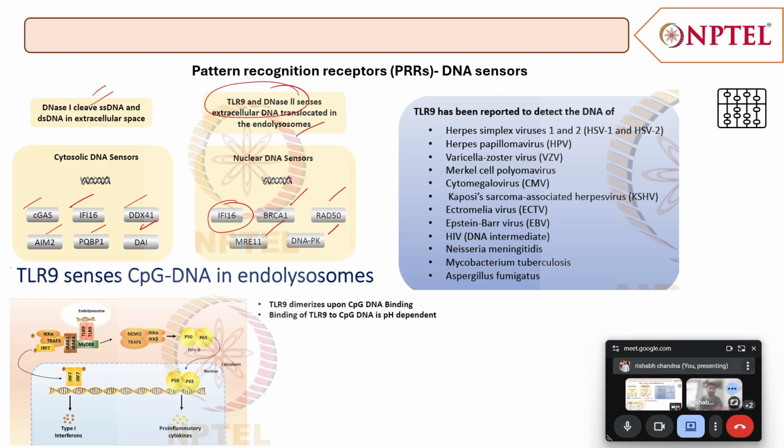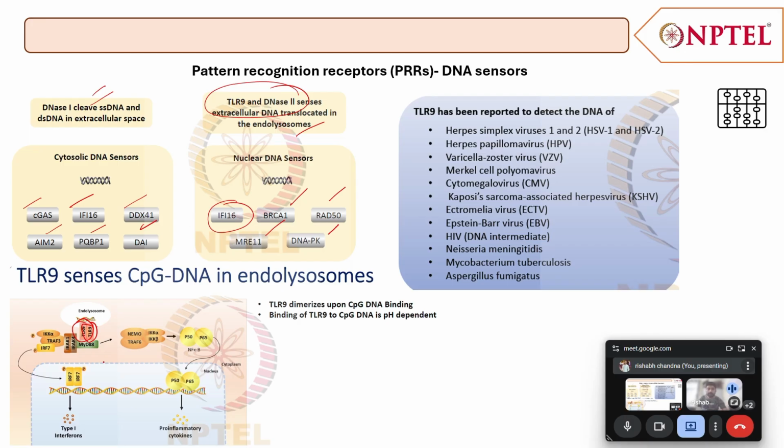Now we'll see how TLR9 recognizes CpG DNA in the endolysosomes. TLR9 is a monomer. Whenever it sees a CpG island present in the endolysosome, it dimerizes. Now it activates MYD88, a major signaling molecule in TLR signaling.